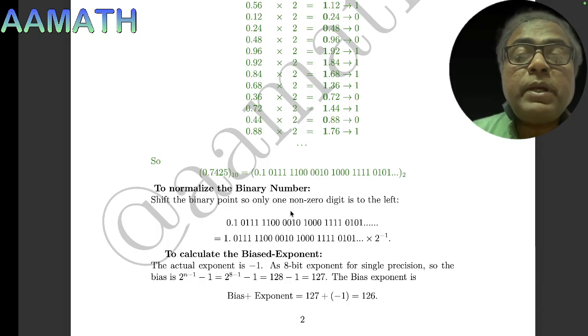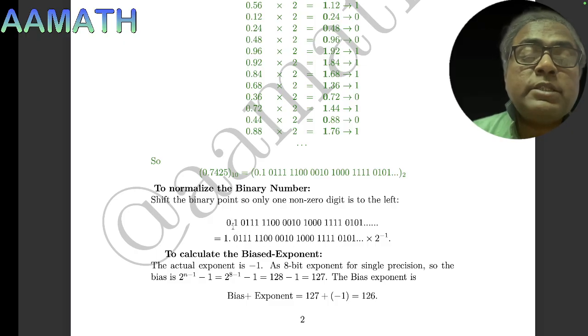So we get 1.011 and so on, and we multiply by 2 to the power -1. This is the radix point, actually the binary point here, not a decimal point, shifted to the left.